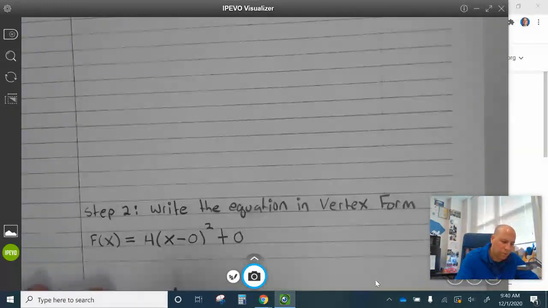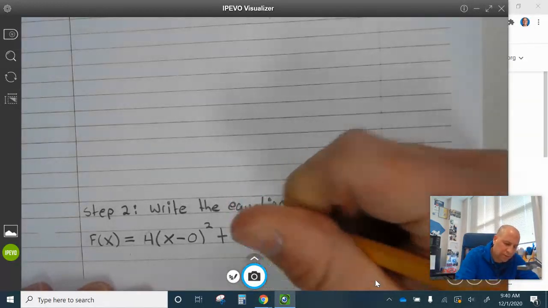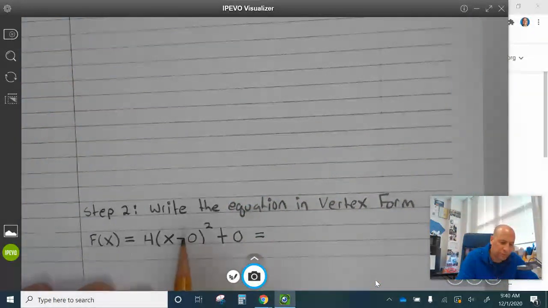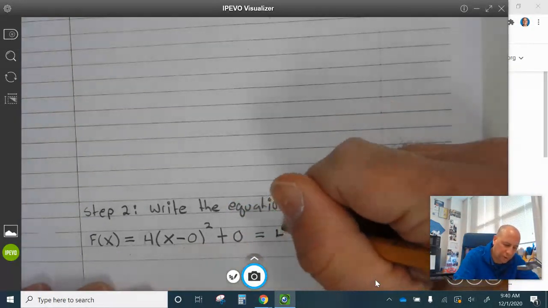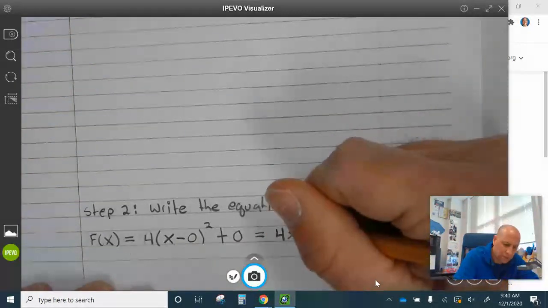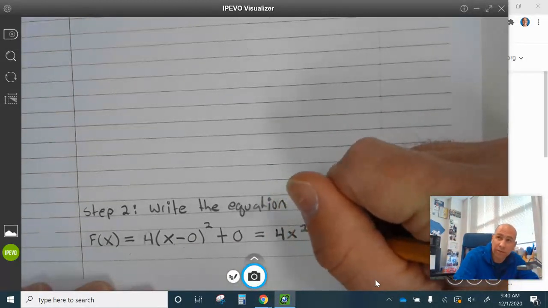Okay, so then we can simplify that. Well, x minus 0 is x, and so x squared is x squared, so that's equal to 4x squared plus 0.